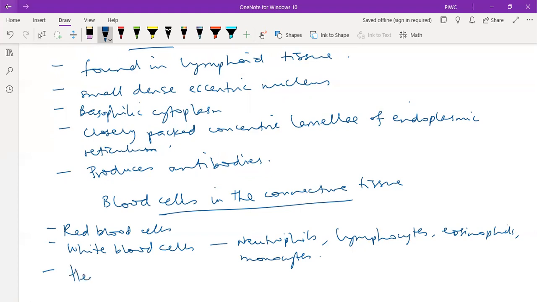Hemato, from hemat, means blood. So cells from the bloodstream to the connective tissue.